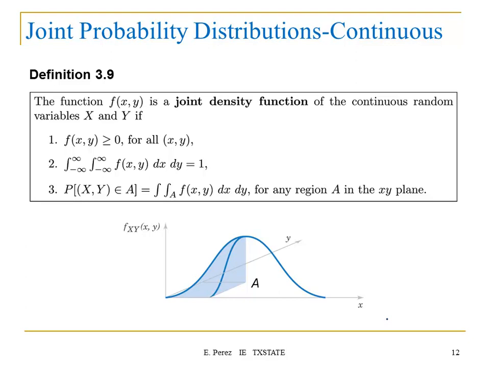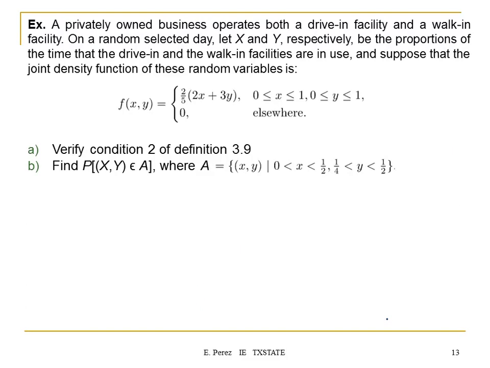And the last one: to find the probability of x and y being in the region A, you need to take the double integral of the function over the region of the event A. Okay? So let's look at one example.